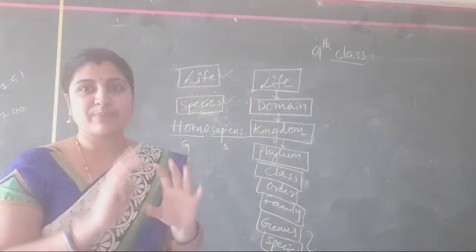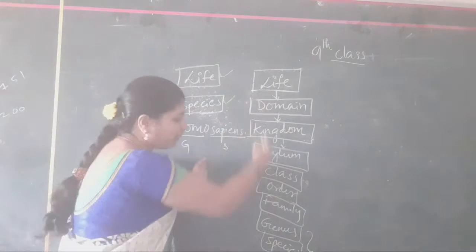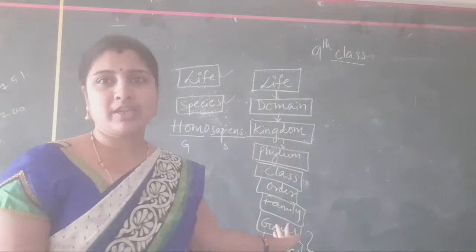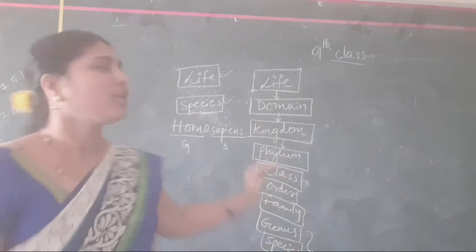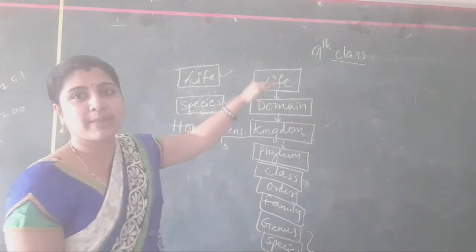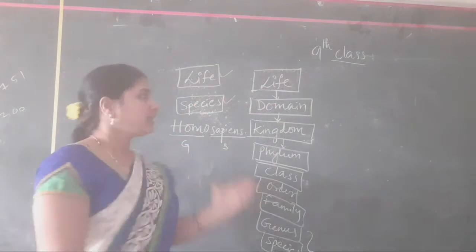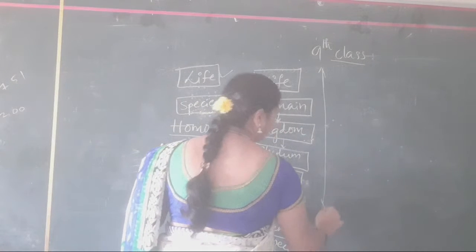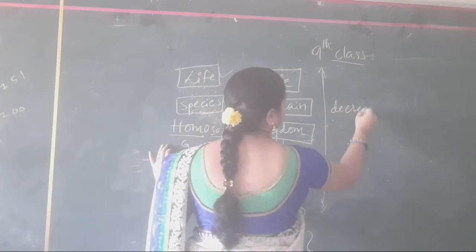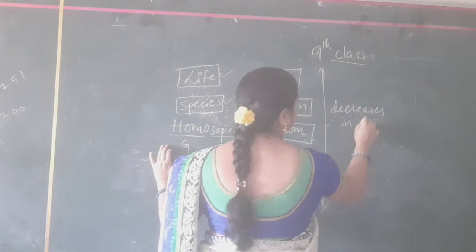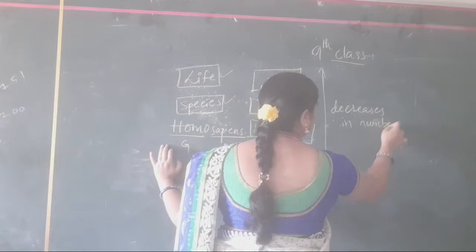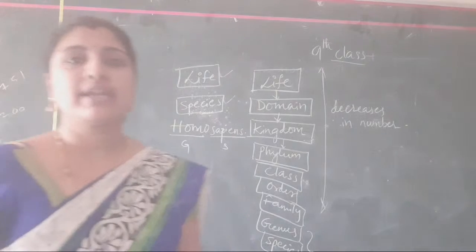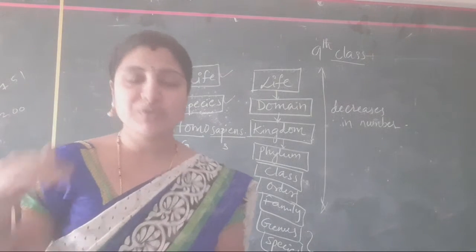Similar characteristics. Based on similar characteristics we are grouping here, isn't it, students? From step by step, in the second level, the number decreases from up to down. Decreases in number. What happens, students? Decreases in number. So tomorrow we will continue.